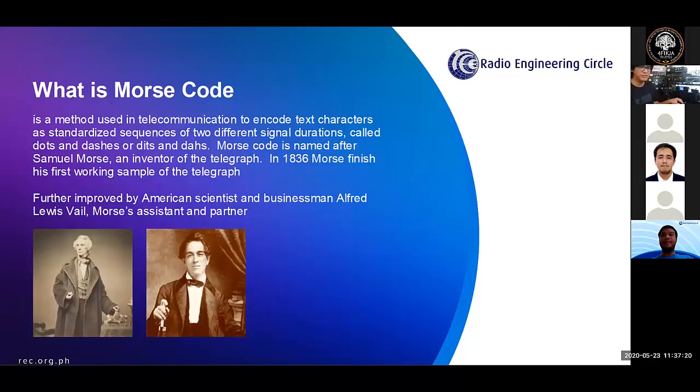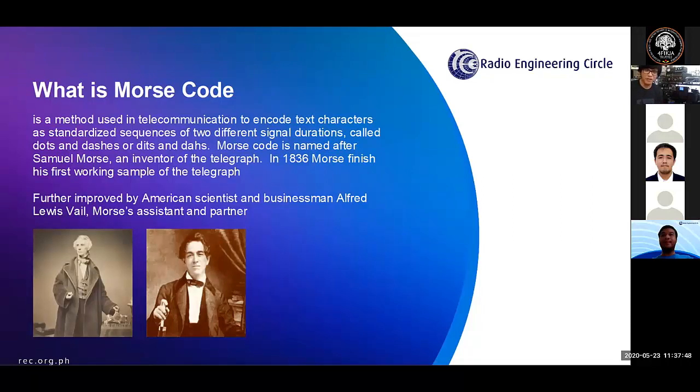Morse code is named after its inventor, Samuel Morse. It was further developed by his partner, Alfred Lewis Vail. The story goes that the wife of Samuel Morse was sick, and he was far away.